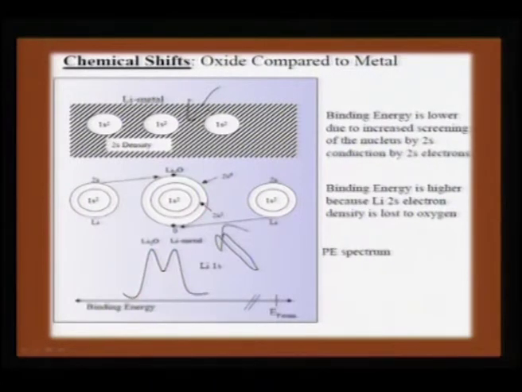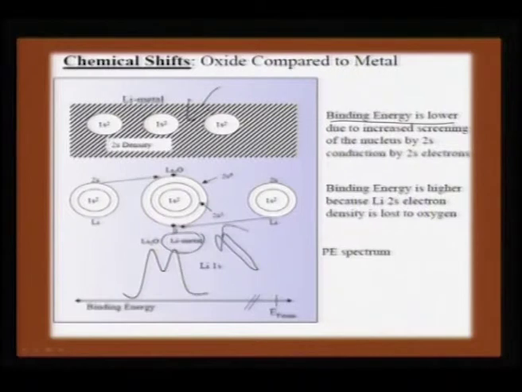As you see here, the binding energy is actually lower for lithium metal because of the increased screening of the 2s electrons, and therefore the binding energy will always be on the lower side, and that is what you see here in the 2 peak spectrum.